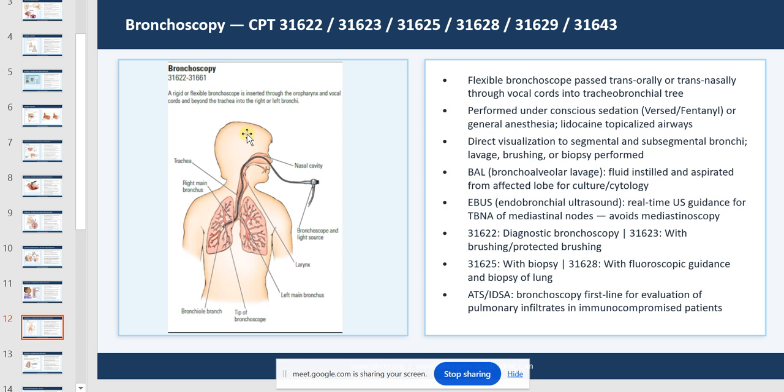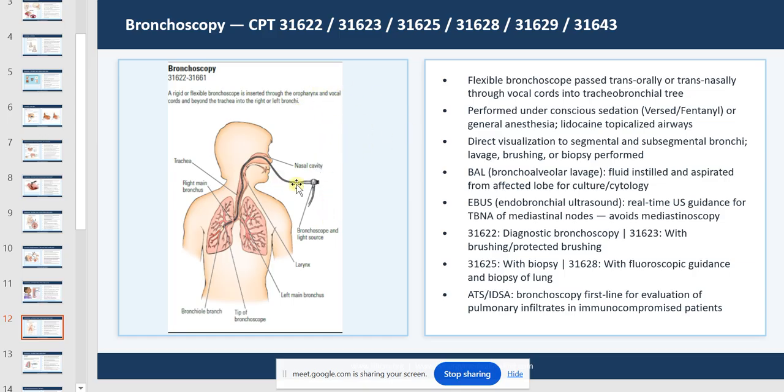Pulmonologists do bronchoscopies. If you are working with a pulmonologist, you will see at least 3, 4, 5, 6 bronchoscopy procedures every day. Again, this is a type of endoscopy procedure. Bronchoscopy uses a tube with a camera and an eyepiece, through which an instrument is passed to take a biopsy or remove a tumor, and you can also visualize it on the monitor.